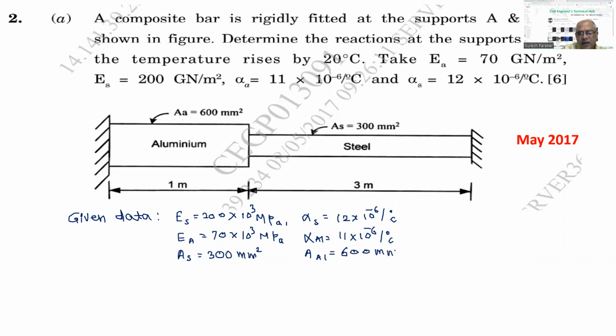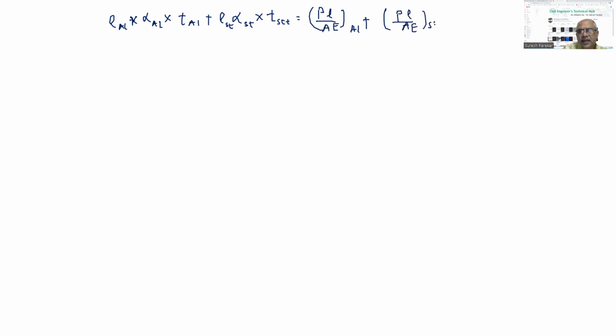Now we have the formula when bars are in series, if you remember: L aluminum into alpha aluminum into T aluminum plus L steel into alpha steel into T steel is equal to PL upon AE of aluminum plus PL upon AE of steel.